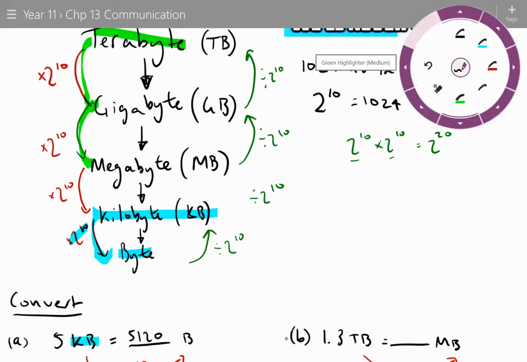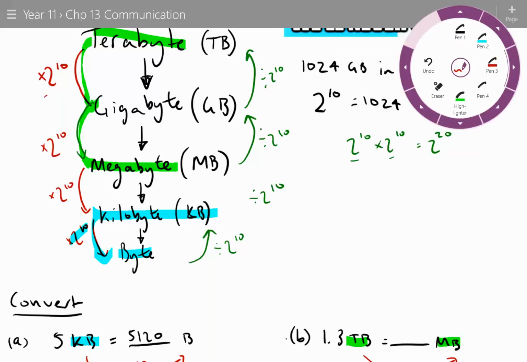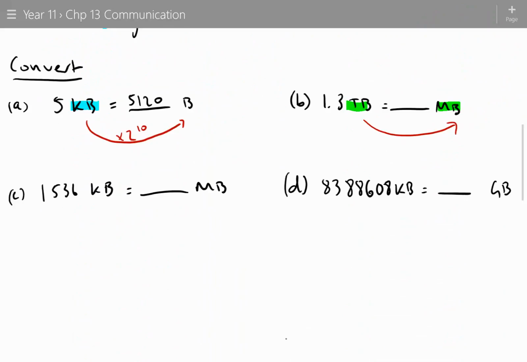So terabyte to megabyte, we have to times by 2 to the power of 10, times by 2 to the power of 10. So in your calculator, 1.3 times 2 to the power of 10 times 2 to the power of 10. Put that in your calculator.